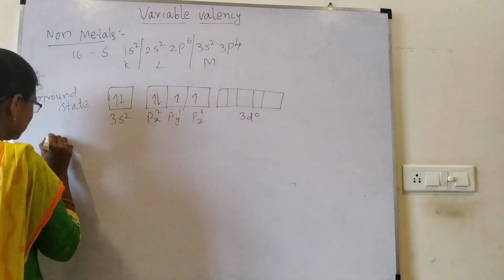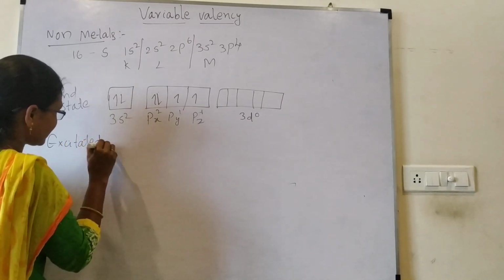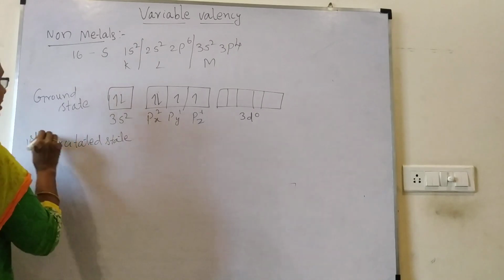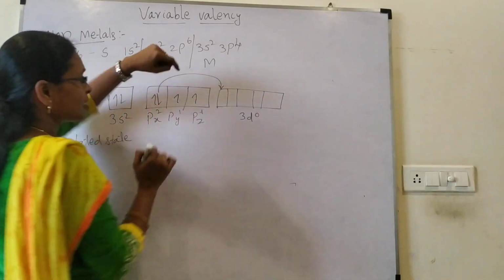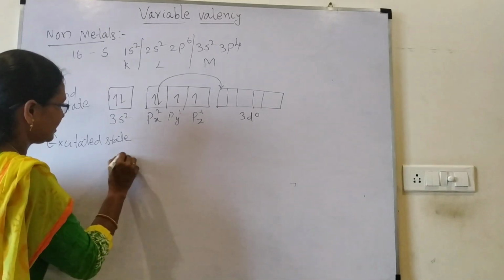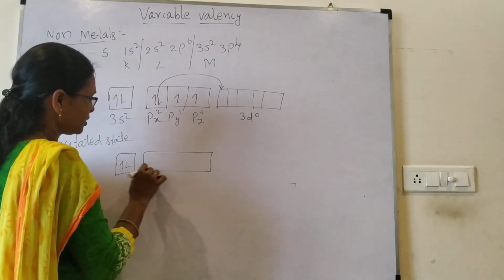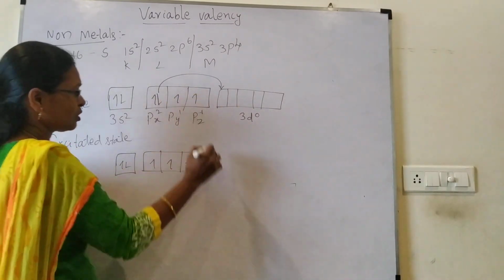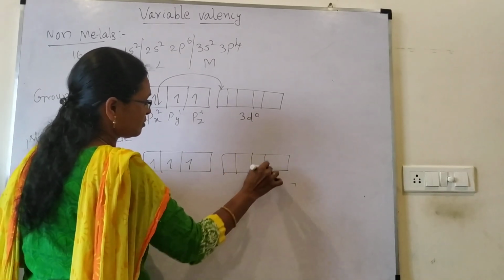At the excitation, what will happen? First excited state: this electron of px2 will jump to this. So now I will write as usual this one, and the next one is coming to this, 1, 2, 3. So one single electron is jumping into the 3d, 1, 2, 3, 4, 5.